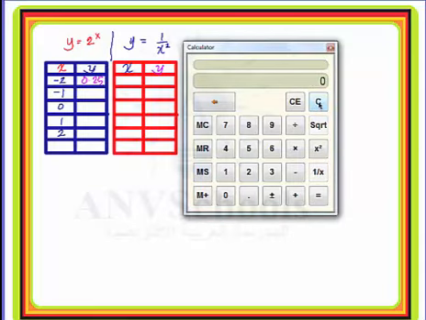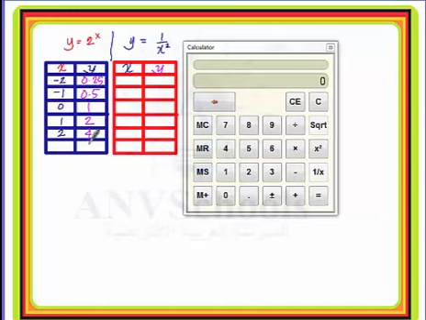So that's 0.5. If my x is 0, then this is 2 raised to 0, and that gives me a simple 1. And if my x is 1, that gives me 2, and this function will be 4 at x is equal to 2.